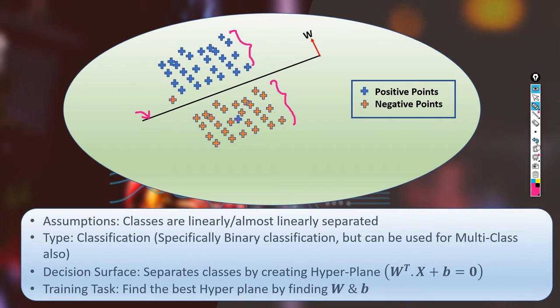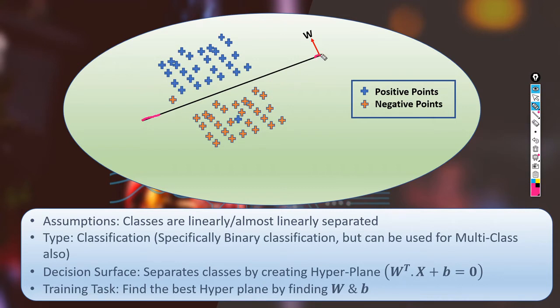The decision surface is what we use to make the decision for a new query point. It is a straight line in two dimensions and a hyperplane in high dimensions. This hyperplane is my decision surface.